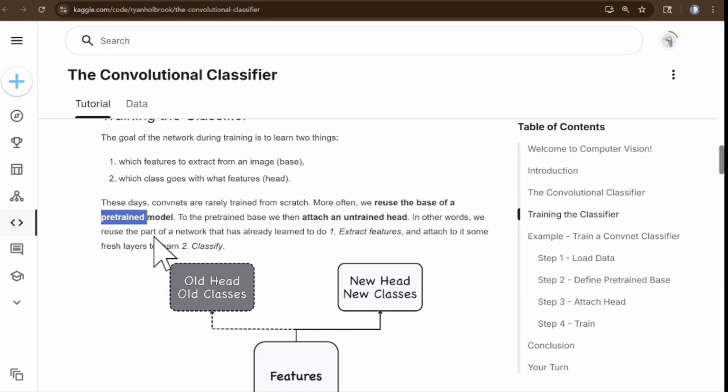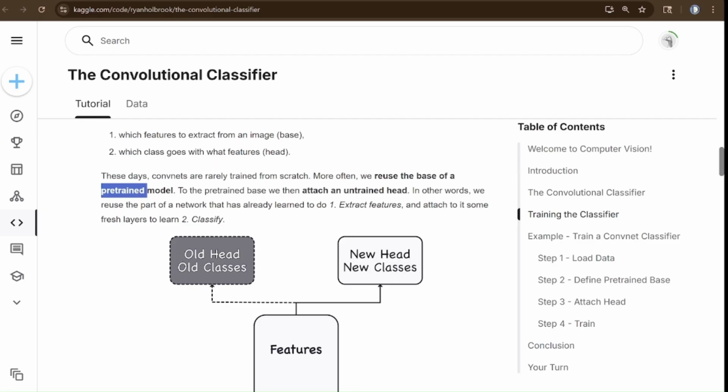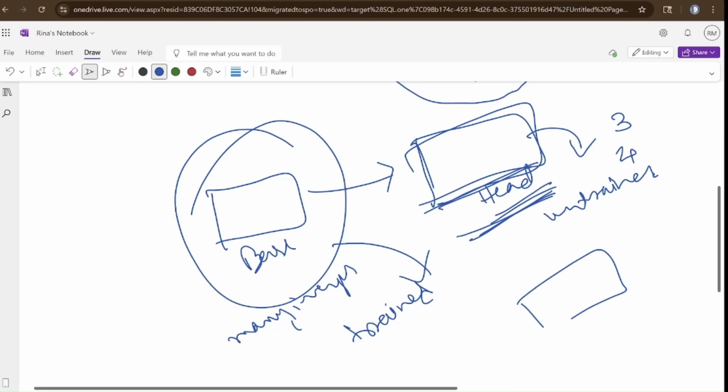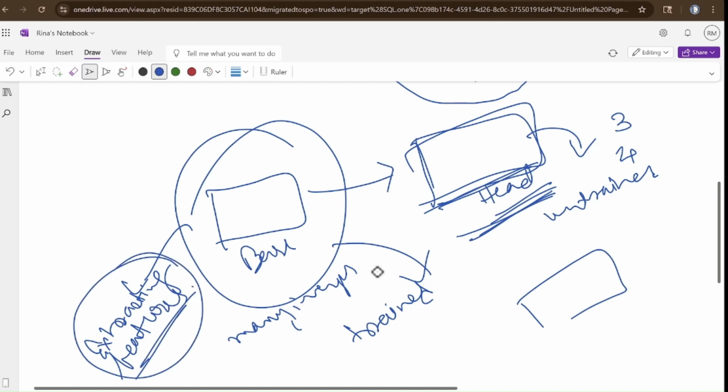Now, to the pre-trained base, we attach the untrained head. In other words, we reuse the part of a network that has already learned to extract features. It has already learned, because this part is extracting the features. So, I am not telling my model how to extract features. This one is already trained on many networks and it knows very well how to extract features.